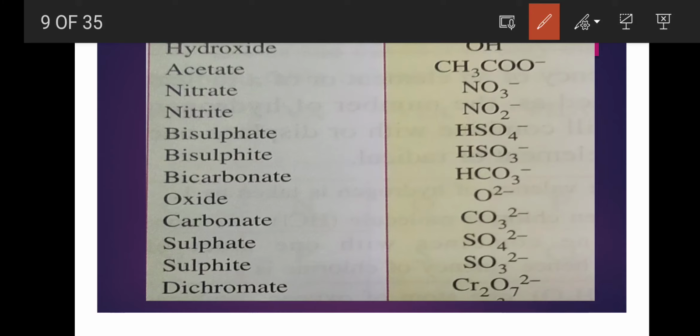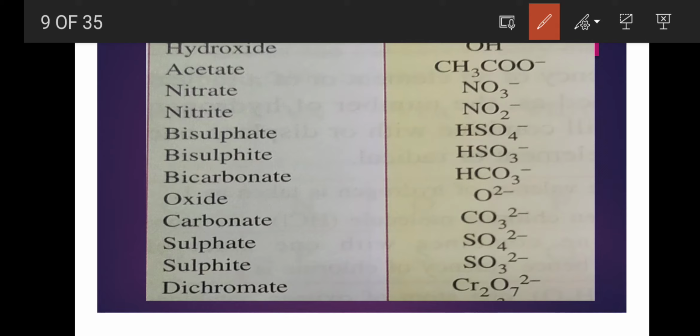The formula of acetate is CH3COO minus. Nitrate NO3 minus. Means this is only the symbol or you can say formula of the given radicals. Nitrite NO2 minus. Bisulfate HSO4 minus. Okay. Then bicarbonate HCO3 minus, means valency is 1. Oxide O2 minus. Carbonate CO3 2 minus.